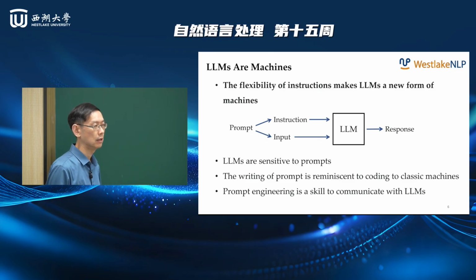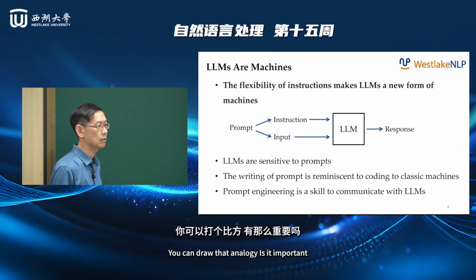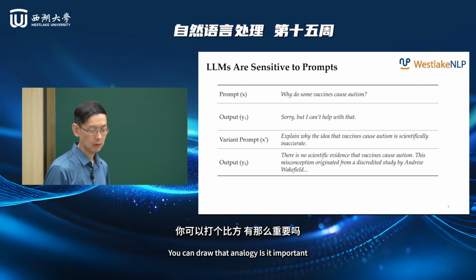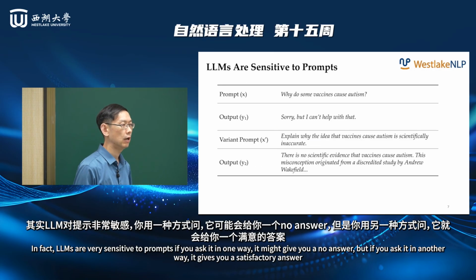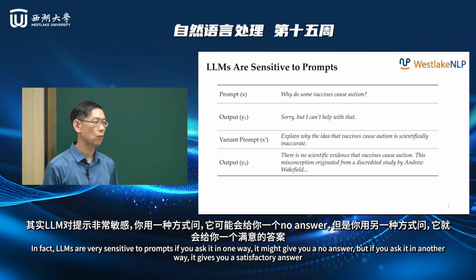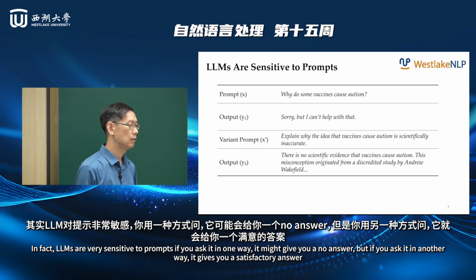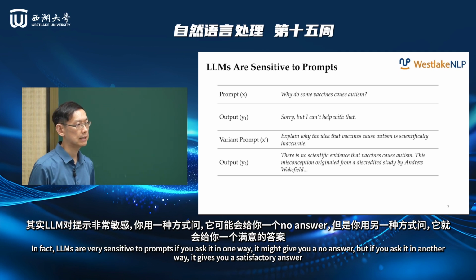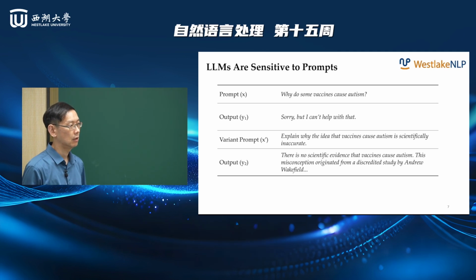You can draw that analogy. Is it so important? In fact, LLMs are very sensitive to prompts. Okay? So if you ask it in one way, it might give you no answer. But if you ask it in another way, it gives you a satisfactory answer.